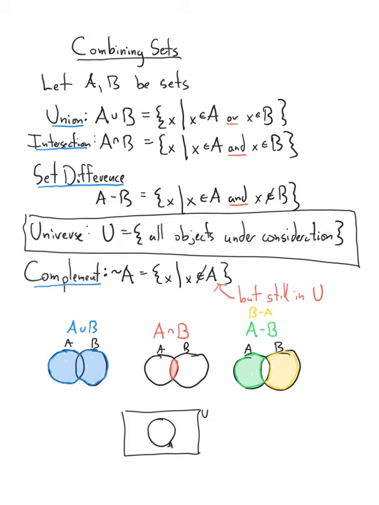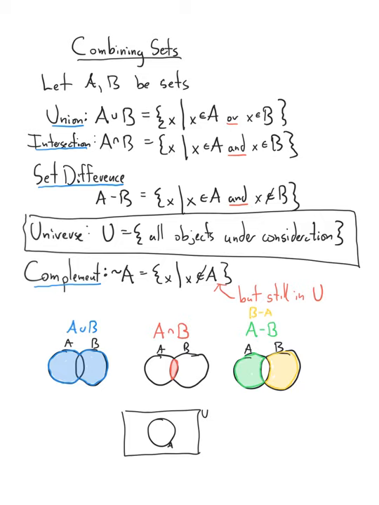And then finally we have the idea of a complement. Now a complement is everything not in a certain set. But it makes sense to have limits on that, right? If we're just talking about numbers and I want to say a complement of a set, I don't want to include things like telephones or cats or people or whatever. So when we usually do mathematics, we limit the objects under consideration.